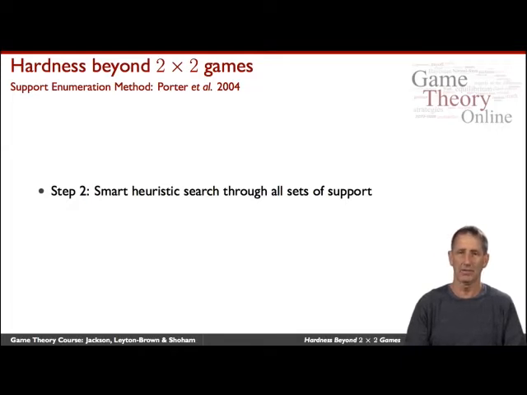We will bias the search to supports that are close in size to one another. That is, we will not start by considering one agent looking at only 2 strategies among which he's randomizing, and the other agent looking at 17 strategies. We'll look at strategy profiles whose supports are similar in size.